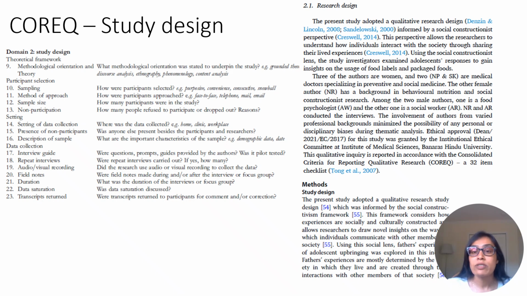This perspective allows the researchers to understand how individuals interact with society through sharing their lived experiences. Using the social constructionist lens, the study investigators examined adolescents' responses to gain insights on the usage of food labels and packaged foods. So again, if you can see, we talk about how 3 of the authors are women and 2 are medical doctors.